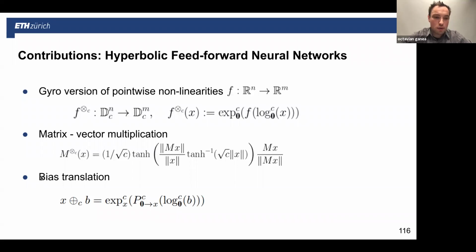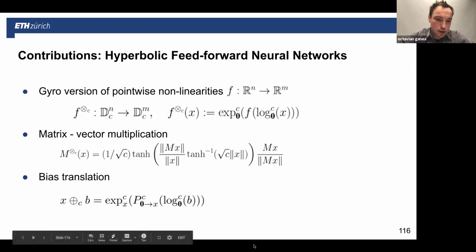now. And then we also have to generalize bias translation. And here we use the ⊕ operation that I showed you before. It turns out that you can write it in a different way, which is you lift up the point B in the tangent space at 0, you do a parallel transport from 0 to x, and then from x, you put it back on the manifold using the exponential map.